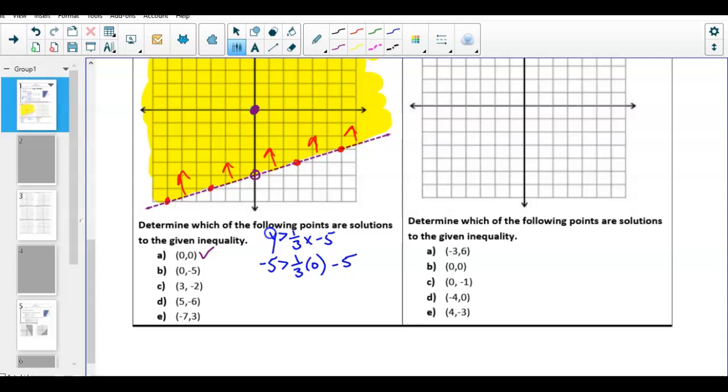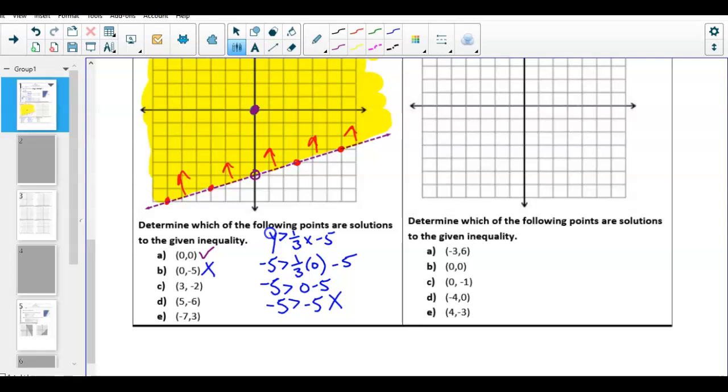That's going back to when we were solving equations. So when I put this in, this becomes 0. 0 minus 5 is negative 5. And then we have to think about this. Negative 5 is greater than negative 5. That's not really true. If it was greater than or equal to, then I'd say yes, it's true because of the equal to. But because it's not equal to, this is not a solution.